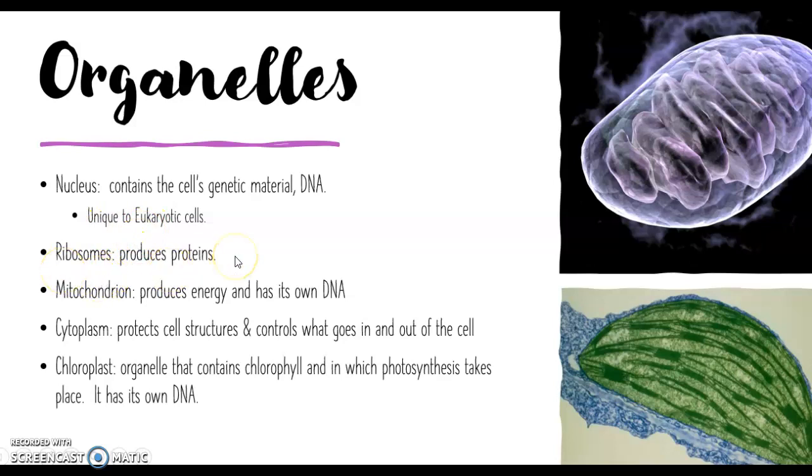Ribosomes, they produce proteins and also hormones. Mitochondria produce energy and has its own DNA. Cytoplasm protects the cell structure and controls what goes in and out of there. We have chloroplasts, organelles that contain chlorophyll and in which photosynthesis takes place. It has its own DNA. So please press pause and copy this.